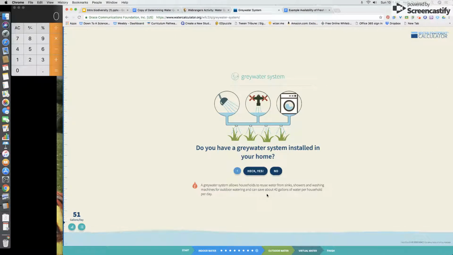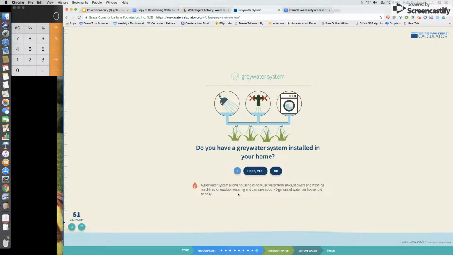Somebody had asked me what a gray water system is, and it tells you down here. I didn't even catch that when we were going over the material, but it says a gray water system allows households to reuse water from sinks, showers, and washing machines for outdoor water use.